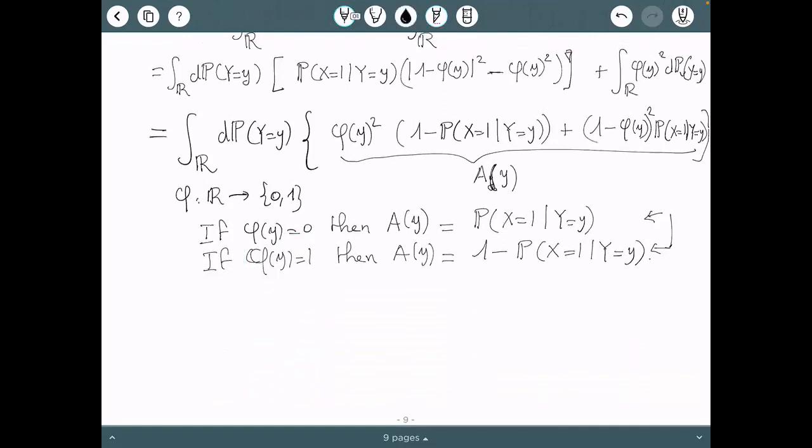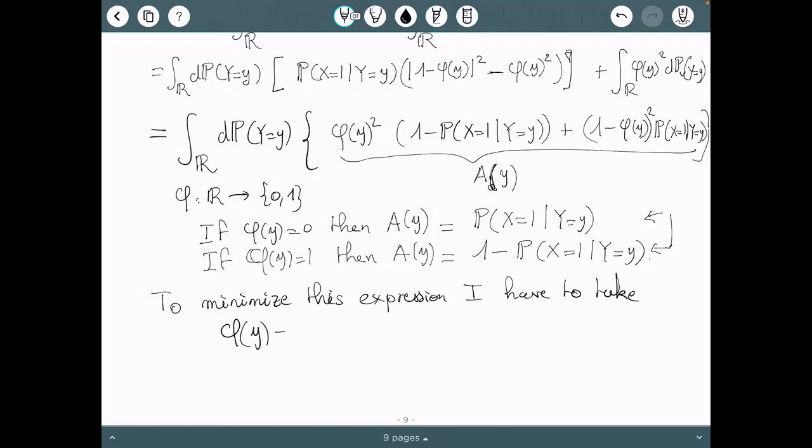So to minimize this expression, you have to take phi of y equal to 1 if 1 minus the probability that x equal 1 given y is equal to y is smaller than the probability that x equal to 1 given y is equal to y.